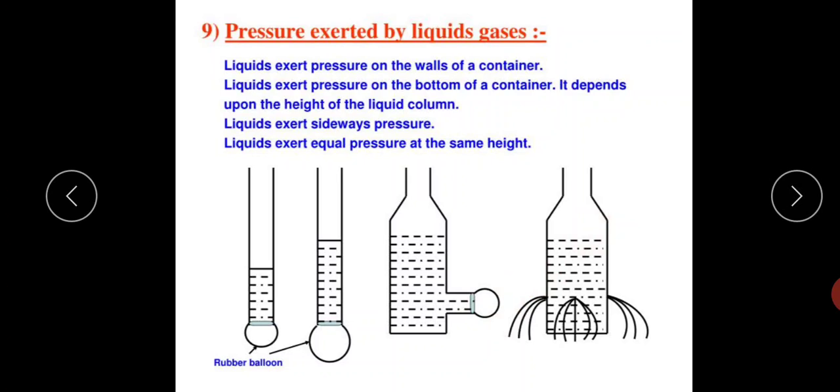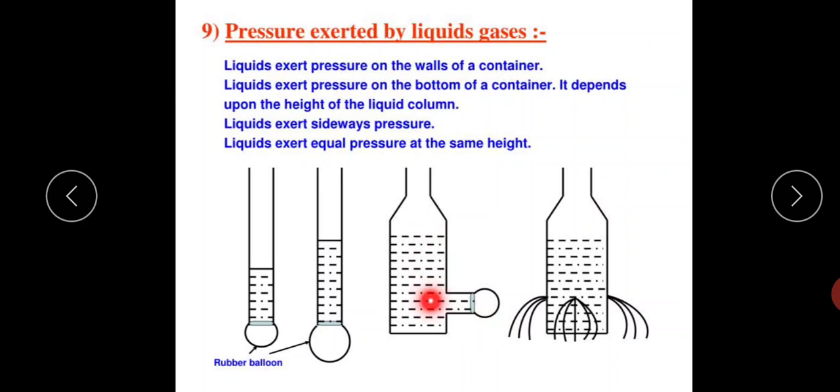And what is happening in these containers? There is a pressure that is downwards, and also a pressure exerted on the walls of the container. In this picture, you can notice that the pressure is being exerted on the walls of the container, and there is a balloon fixed at the side. You can see the water flows here and this balloon gets expanded. Why is this happening?